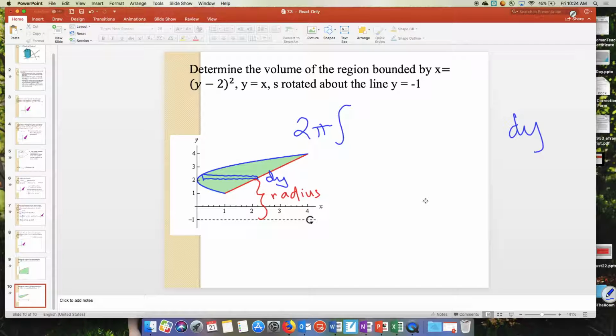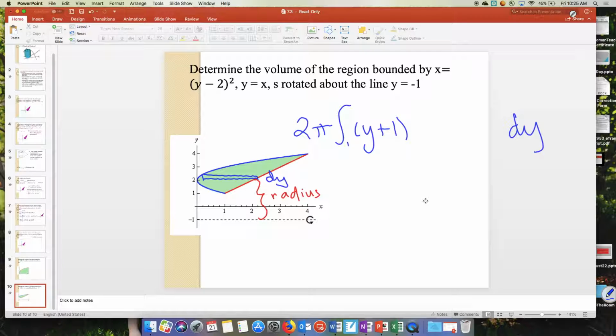Typically, when we go around the x-axis, this distance is y. Well, now we've increased it by 1, right? So y plus 1. Let's get through this problem, and then I'll put a different axis of rotation, and we'll talk about how that would change it.